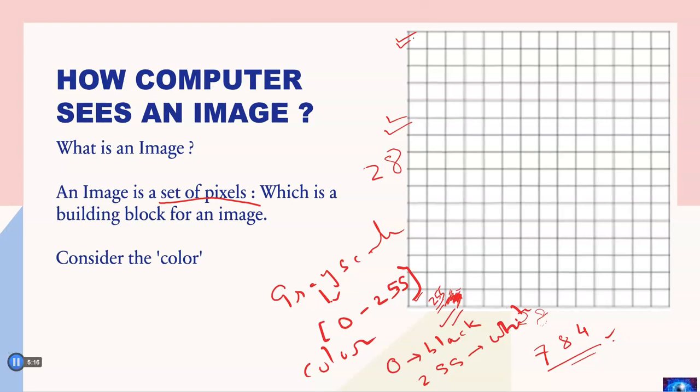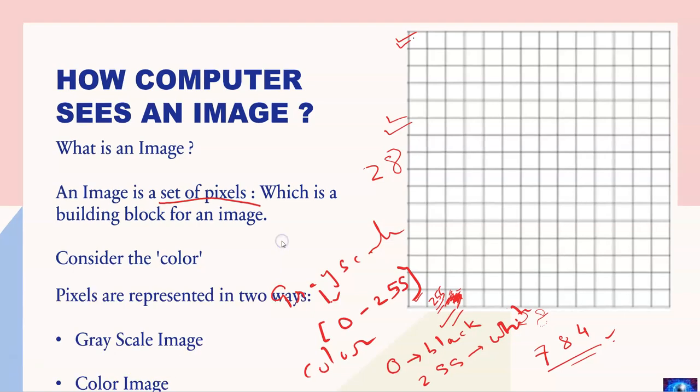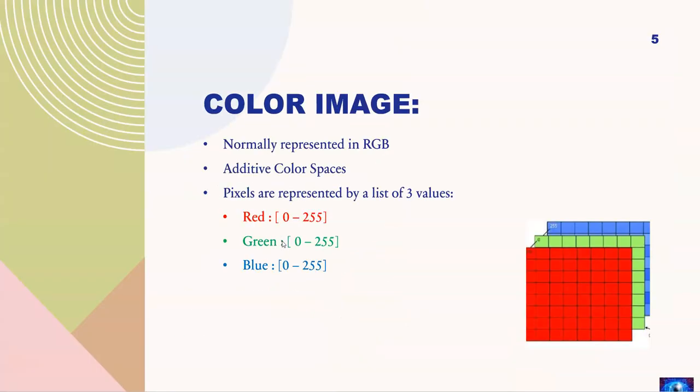Now considering the color, we'll go to the color image. Normally it is represented in RGB format, where R represents red, G represents green, and B represents blue. But there are other formats as well, such as HSV and CMYK, but the normally represented pattern is RGB. This is an additive color space.